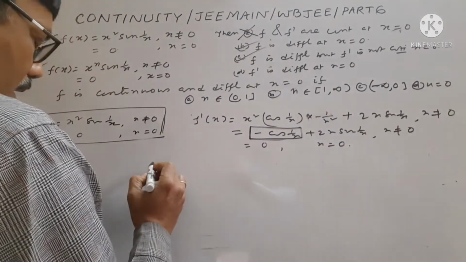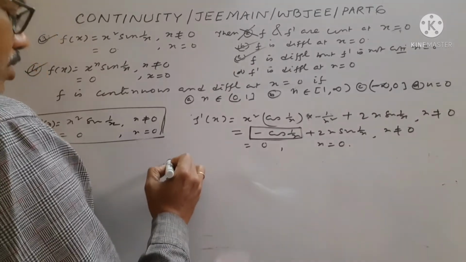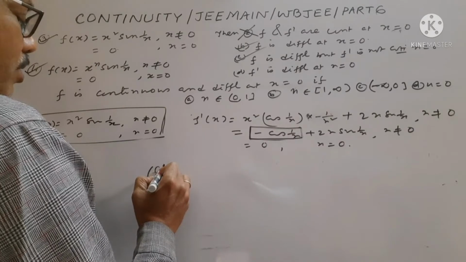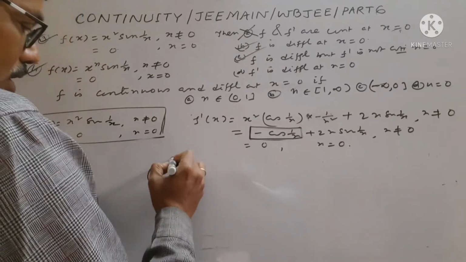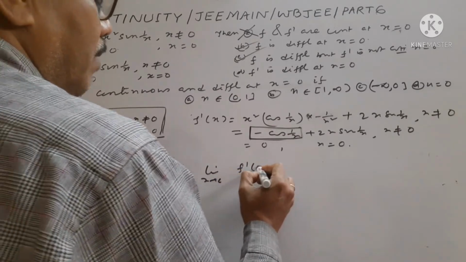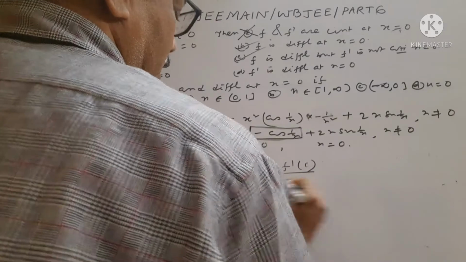what is the differentiability of f'? The derivative of f' is the limit x tends to 0 of (f'(x) minus f'(0)) by x.